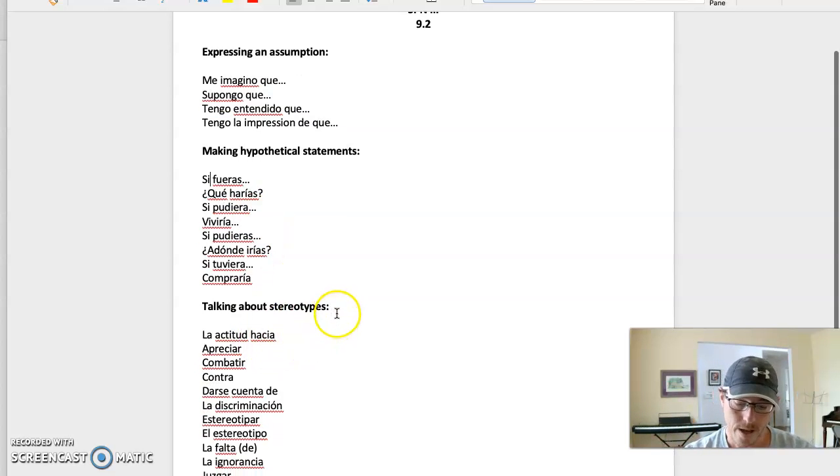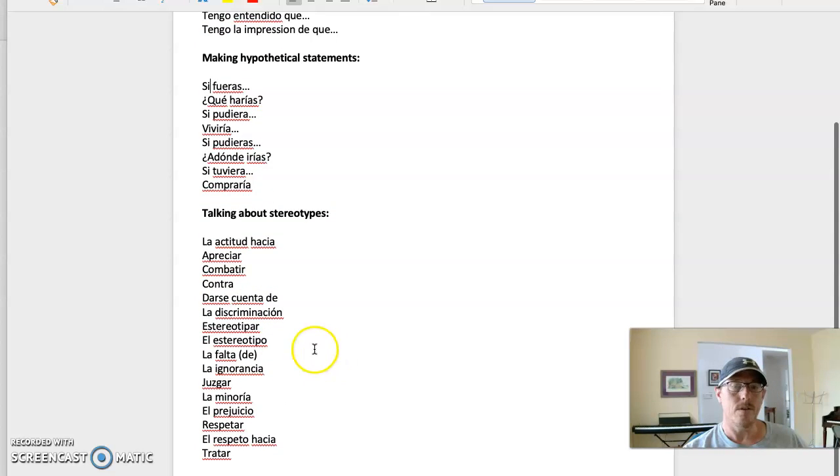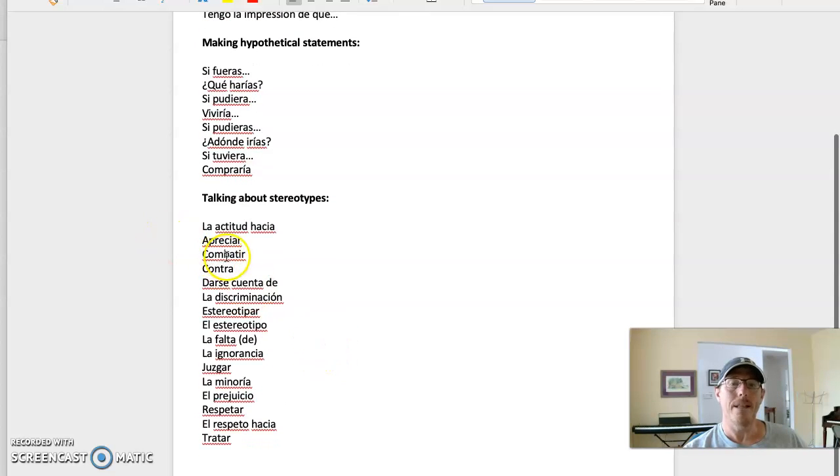Okay, let's go ahead and continue. La actitud hacia is the attitude towards something. Notice it has the word actitud that just looks like attitude. Apreciar, to appreciate something, okay? We'll go ahead with the rest of these, pronunciation only. Combatir, contra, again, hopefully you guys are seeing the cognates in these.